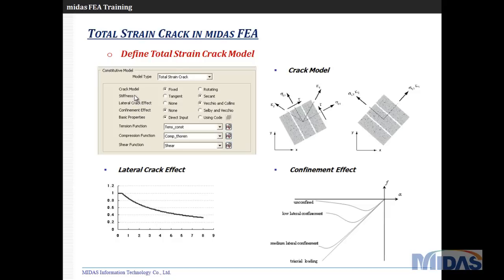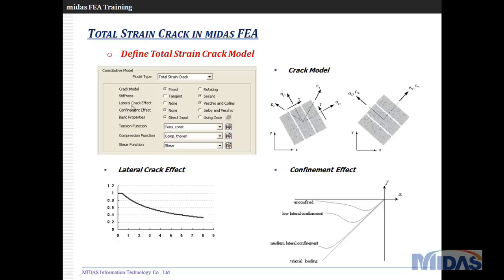But as information regarding the program, the fixed crack model is mainly used in 2D type analysis. For example, if we are considering a 2D beam, then we can go for a fixed crack model, and if we are considering a 3D beam, then the choice can be made depending on the expected crack distribution or the crack planes. Then we have two methods, tangent and secant.